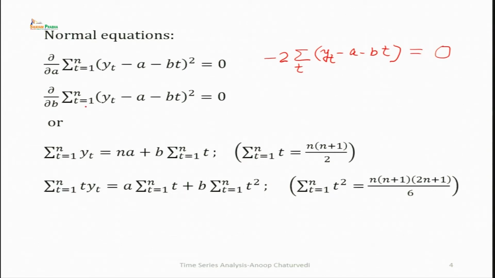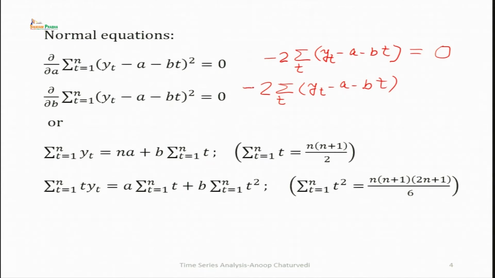Then we differentiate this summation with respect to b. Again, we obtain summation over t of y t minus a minus b t, 2 times, because the power of this term is 2, and then we differentiate this part, minus b t, with respect to b.